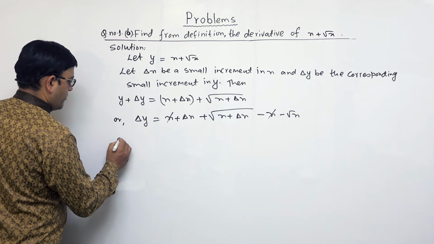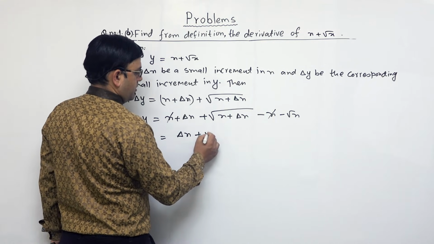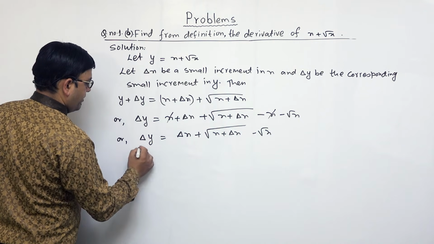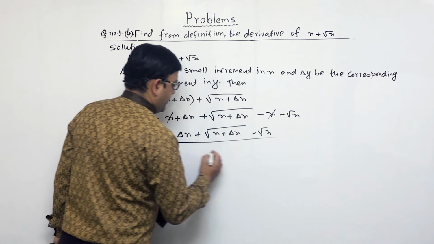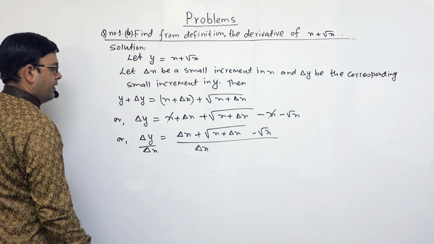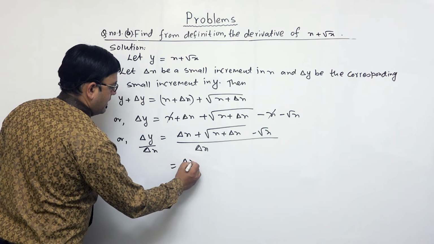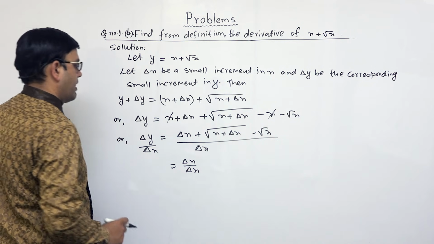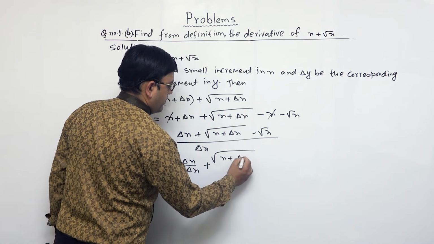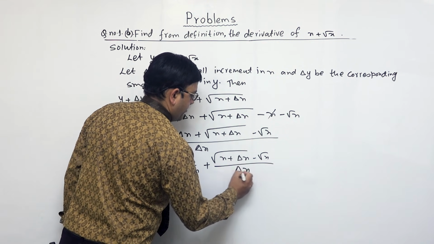Now we have del y is equal to del x plus root under x plus del x minus root x. यसलाई हामीले दुवै साइडमा del x ले डिवाइड गर्दियौं, divided by del x, because we need del y by del x. हामीलाई आवश्यक छ त्यसकारणले हामीले डिवाइड गर्यौं. अब यसलाई चाहिँ हामी हेरौं, यो del x by del x हामीले सेपरेट गर्यौं, plus x plus del x minus root x by del x.